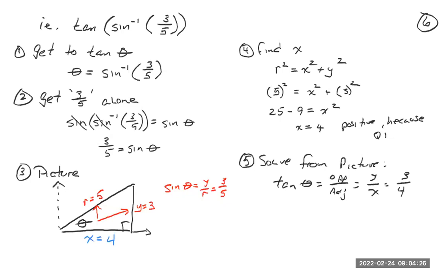So all of that just so that we can say that the tangent of the arcsine of 3 over 5 is equal to nothing other than 3 over 4.